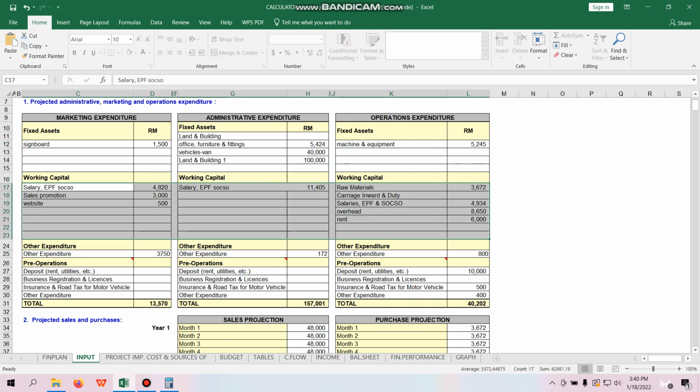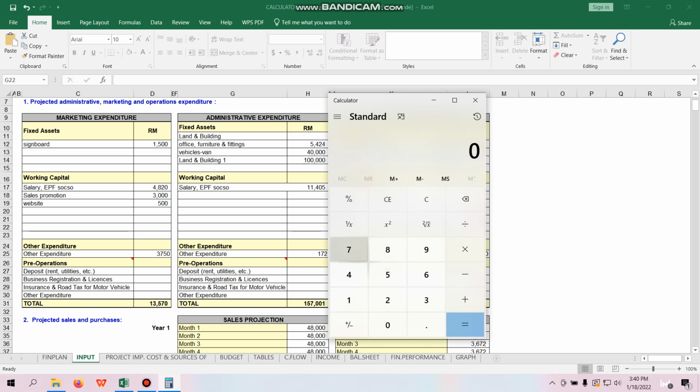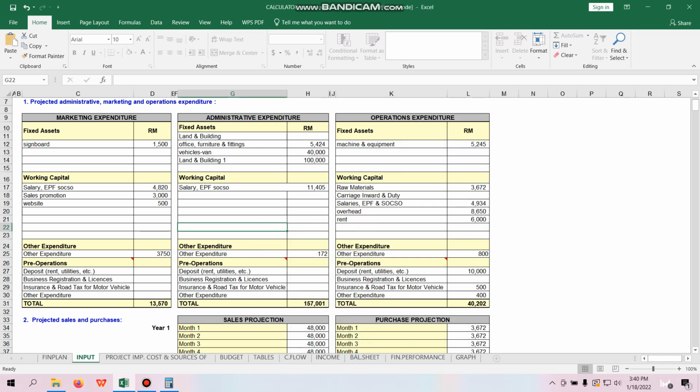If you don't believe me, look at this value, how much is it? Let's say 4820 plus 3000 plus 500, times, let's say, 12. That's the cost you have to pay for the marketing only, right?